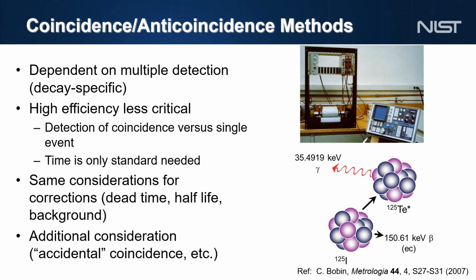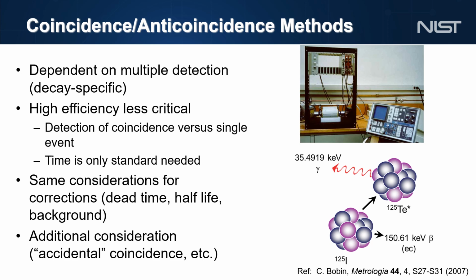Coincidence and, relatedly, anti-coincidence methods are applied when two distinguishable radiations, typically gamma emissions following alpha or beta particle or electron capture decay, are in or near coincidence. They are very dependent on the decay scheme of a radionuclide.